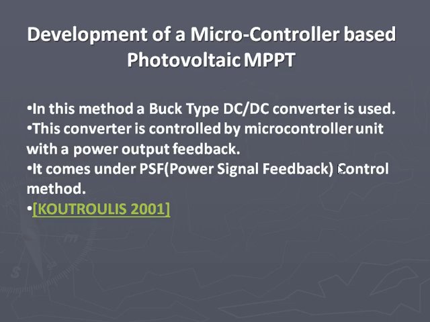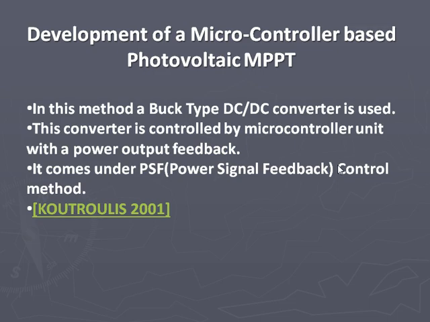The next paper is development of microcontroller based photovoltaic MPPT. In this method, a buck type DC converter is used. Here a microcontroller unit is used, which is taking the output power. This comes under power signal feedback.